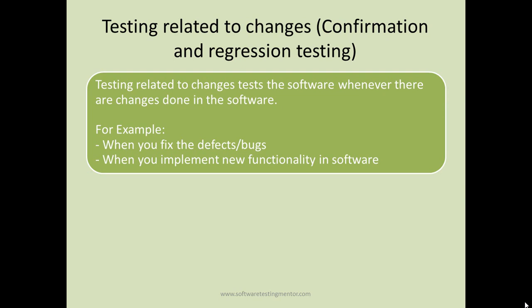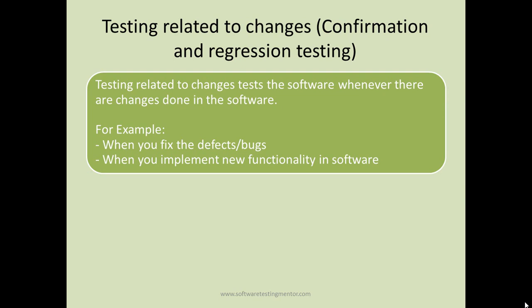When you implement a new functionality, you need to verify that the new functionality is fine. It fulfills the requirements mentioned in the requirement specification document, and it has not introduced any side effects into the software. It has not caused any other failure.